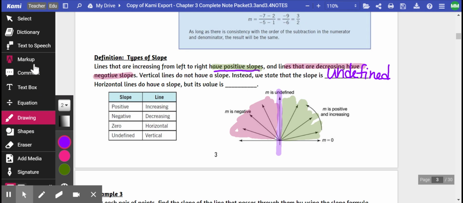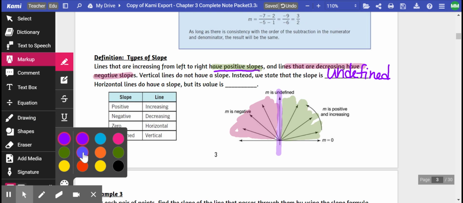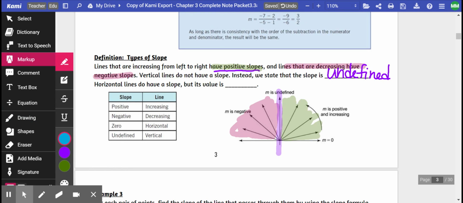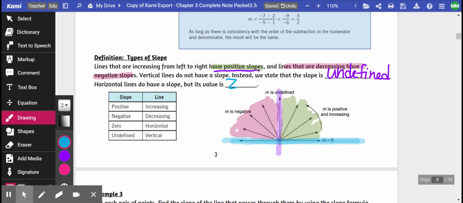And a line that is horizontal, like this one, is going to have a slope of 0. Okay. And you can see that this is also a way to explain it as well.